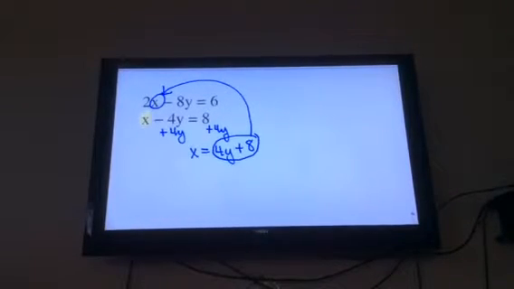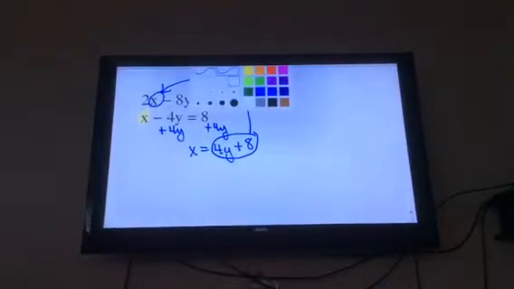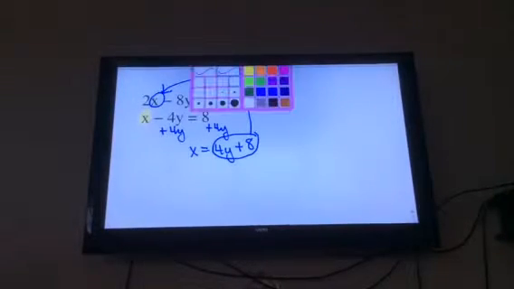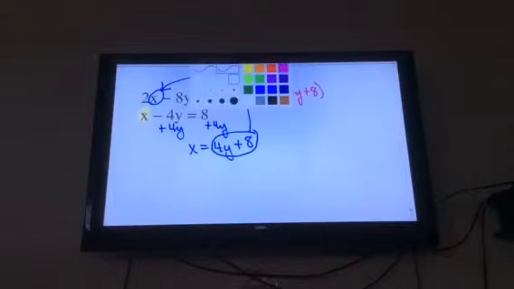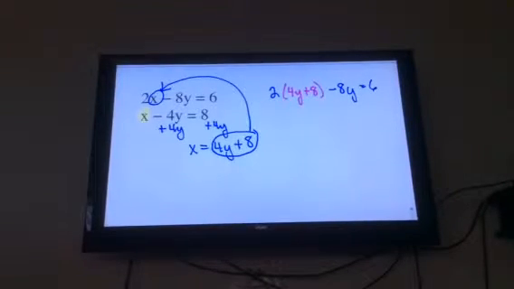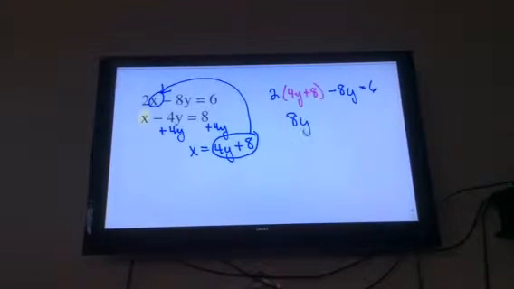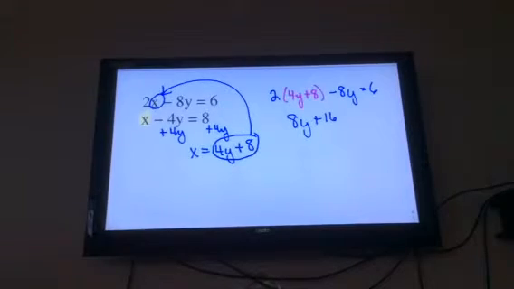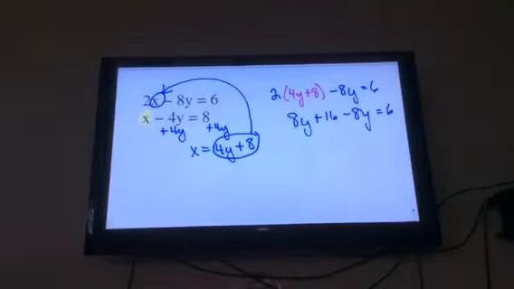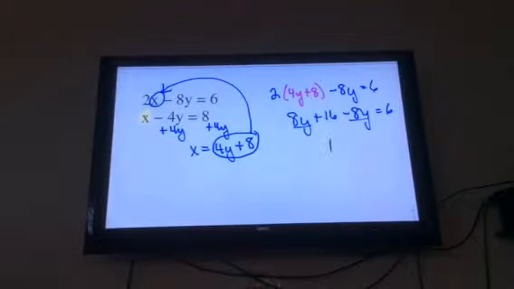So I'm going to have 2, my x is going to come out, my 4y plus 8 goes in, minus 8y equals 6. So I distribute, and I have 8y plus 16 minus 8y equals 6. 8y and minus 8y cancel each other out. And I get this.